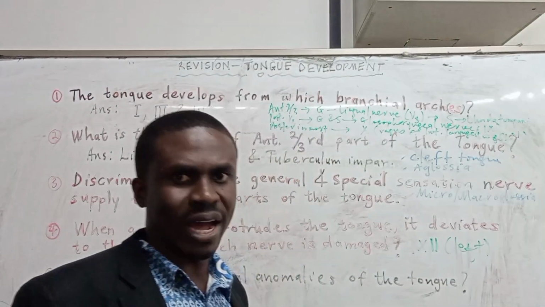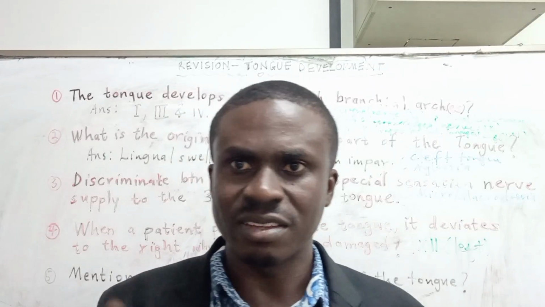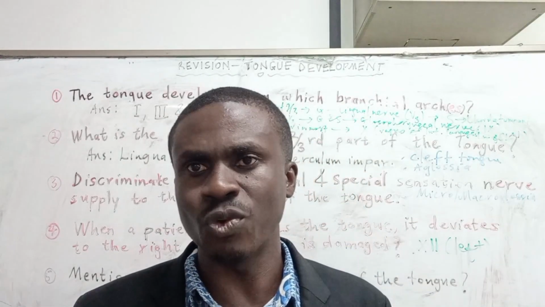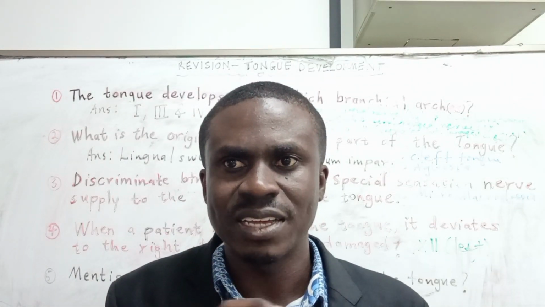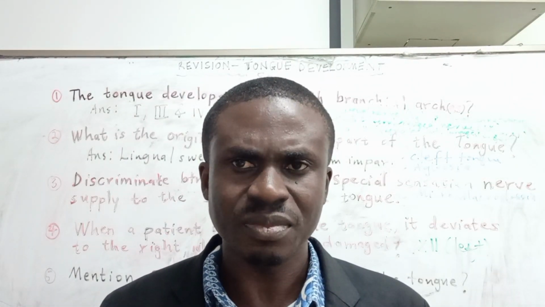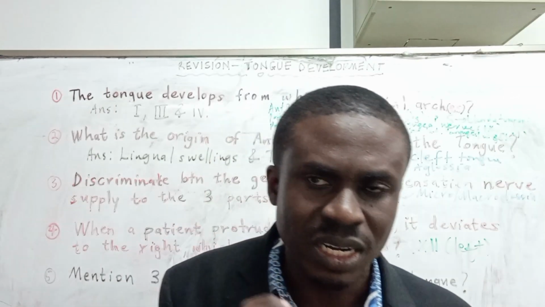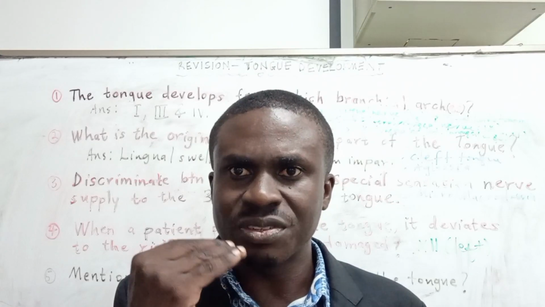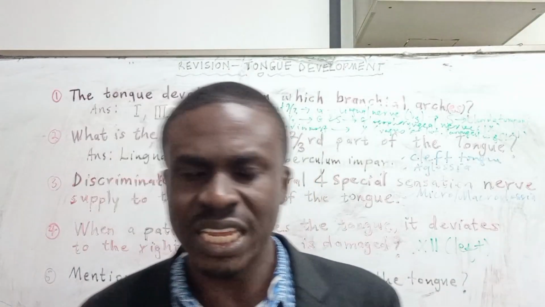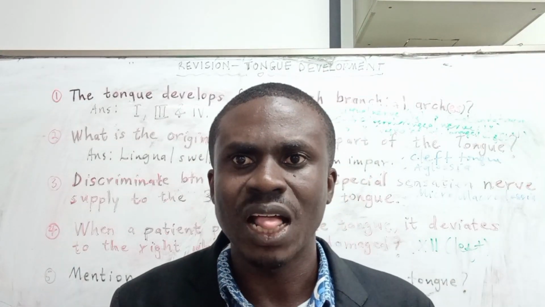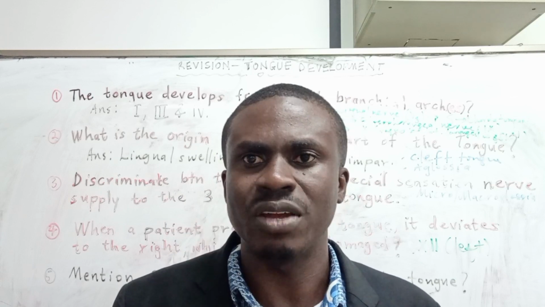Don't forget, I also told you about one anomaly which is worth knowing, because some people find that articulating clearly becomes difficult. After the tongue has formed, in the floor of the mouth, a lot of the tissues need to undergo apoptosis, programmed cell death, and be degraded, leaving a midline fold joining the tongue to the floor of the mouth.